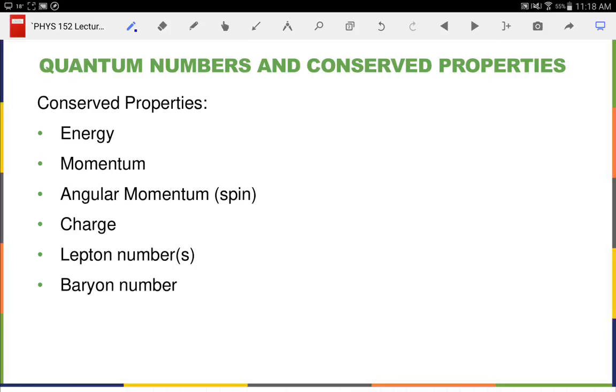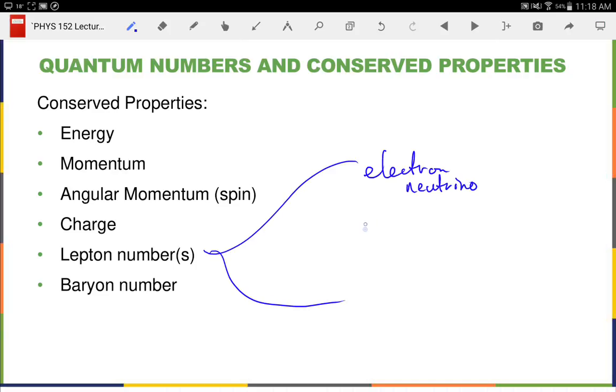Light particles. The leptons, we actually have three types of leptons. We have the electron, and we have its neutrino. We have the muon, and we have its neutrino. And then we have the tau particle and its neutrino.